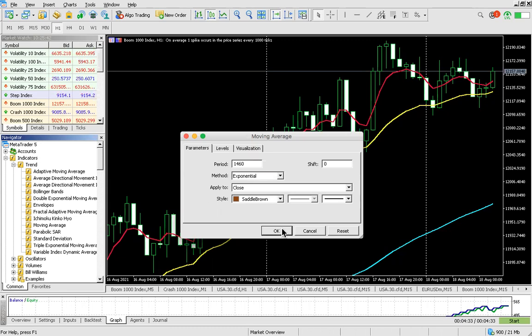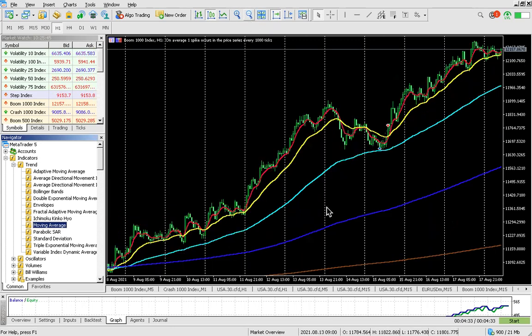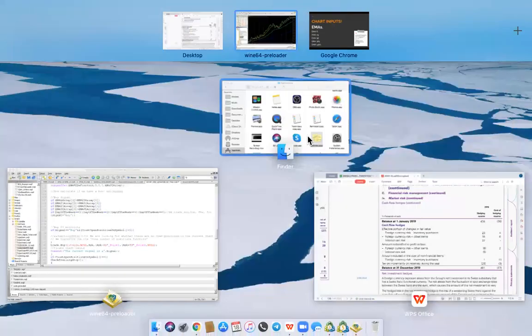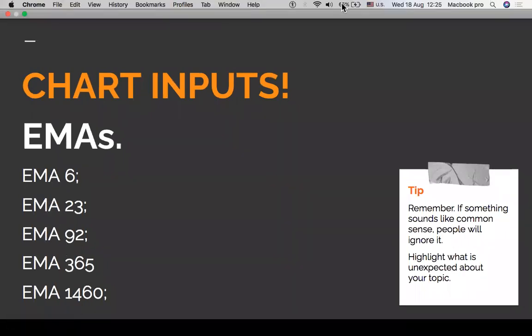Now, the question you probably ask after seeing these moving averages is why did I choose these particular numbers? Why did I choose 6, 23, 92, 365, and all of that?